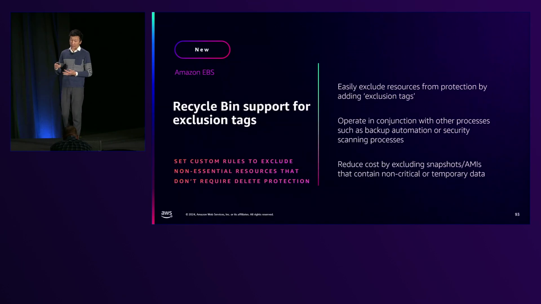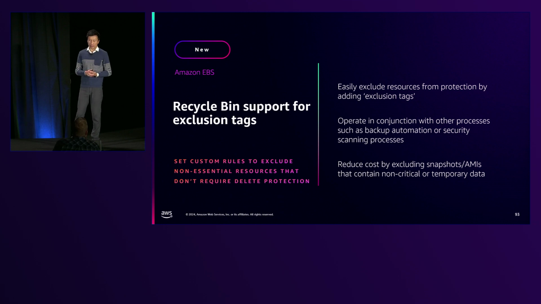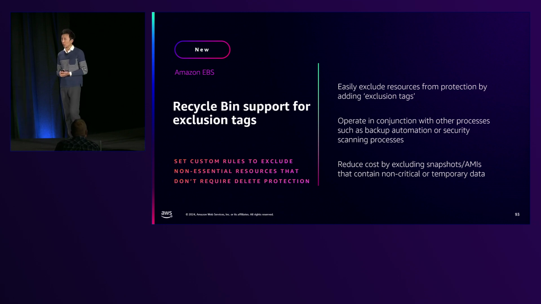For customers who use account-level retention rules, we launched a feature last month: the ability to support exclusion tags. This is for customers to be able to exclude non-essential snapshots and AMIs that don't need to be protected. A lot of it is for customers who are using security scanning processes.